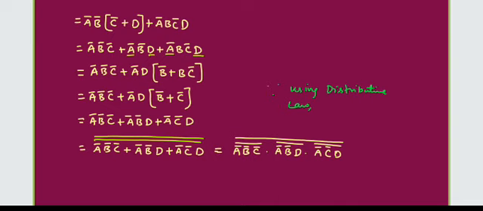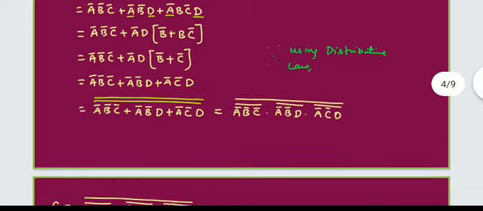De Morgan's theorem. So here also we are taking double complement and applying De Morgan's theorem. After applying De Morgan's theorem, what will I get? A bar B bar C bar whole bar dot A bar B bar D whole bar dot A bar C bar D whole bar, total complement. Now it is actually in the form of output of NAND gate.